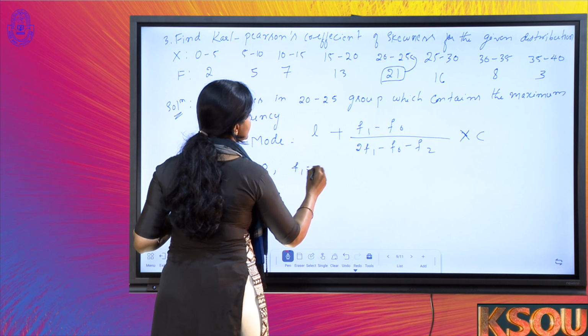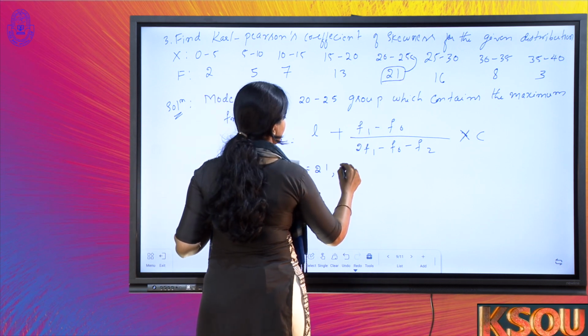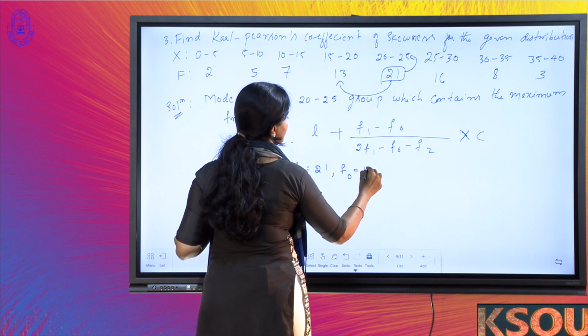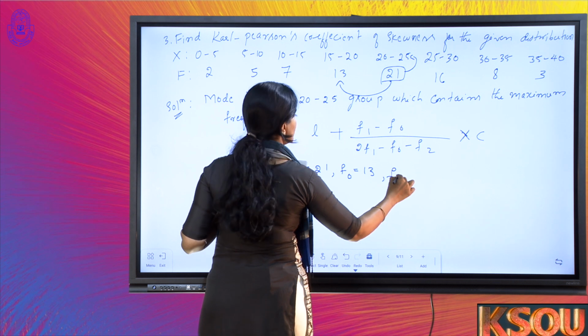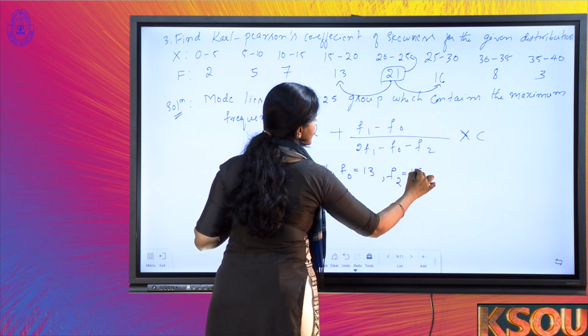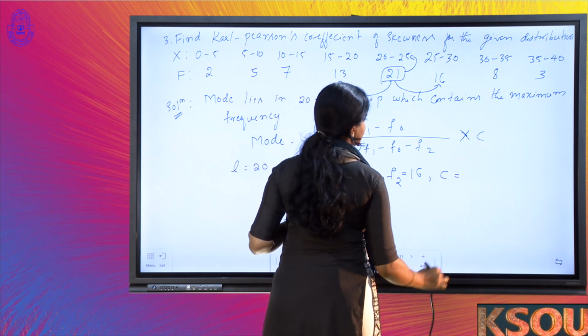Then F1 is the highest frequency, that is 21. Then F0 is the preceding frequency, that is 13. Then F2 is the succeeding frequency, that is 16. And C is the size of the class interval.